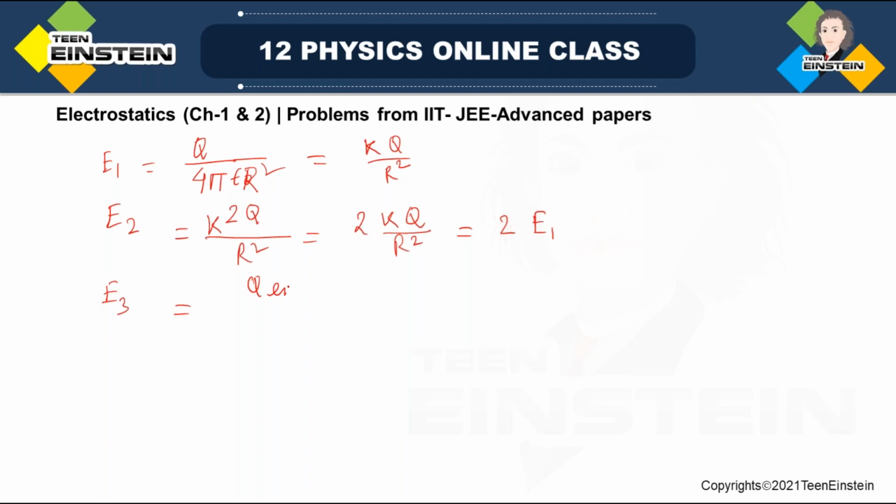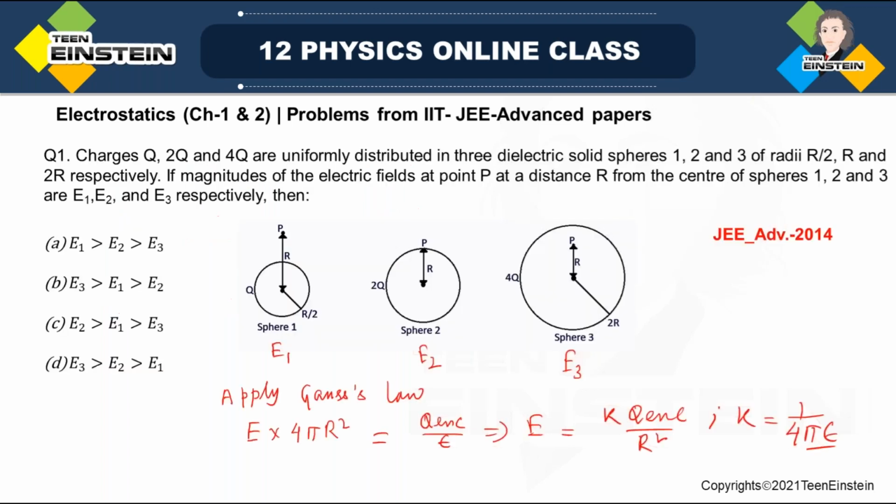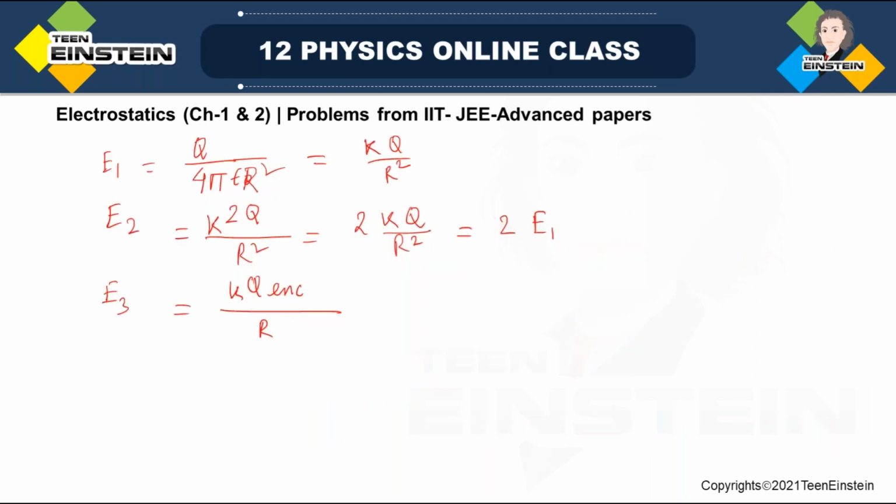What about E3? For E3 I can write k times charge enclosed by r square. Here the radius of the Gaussian surface is r, so this is fine. Now we have to find out the charge enclosed, let us say Q3. The 4q charge is distributed all over the sphere uniformly.